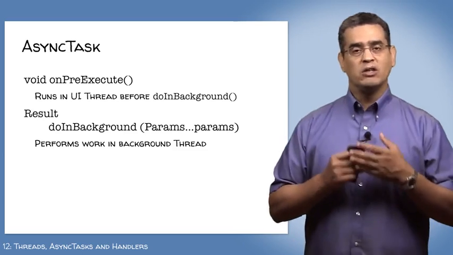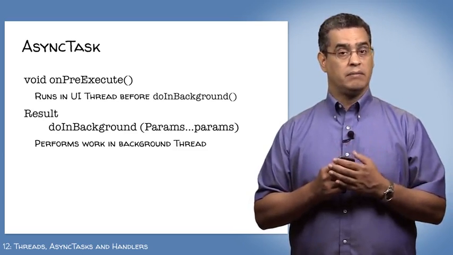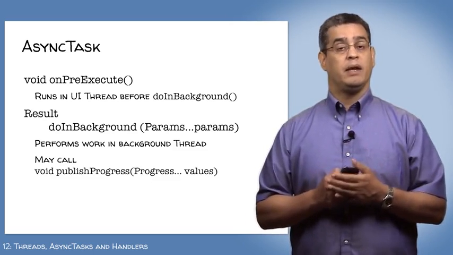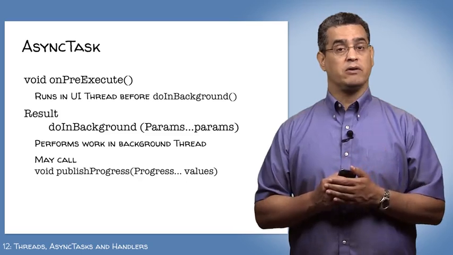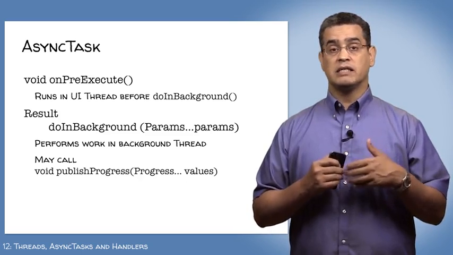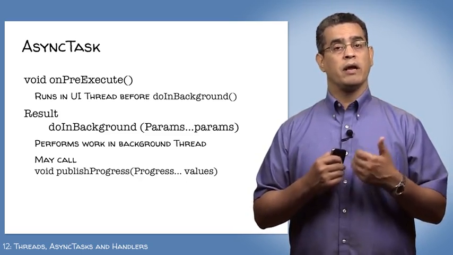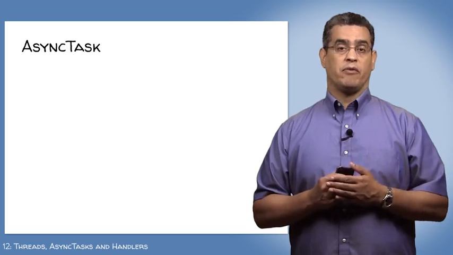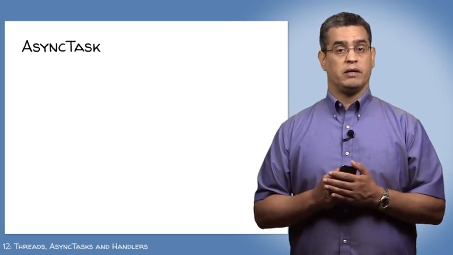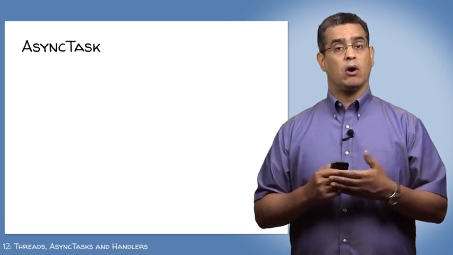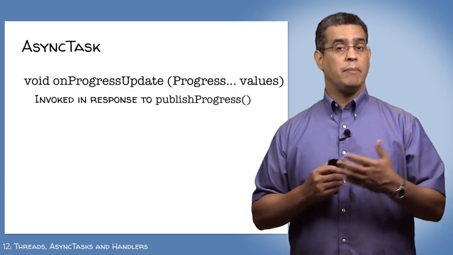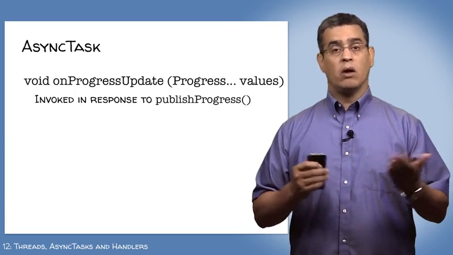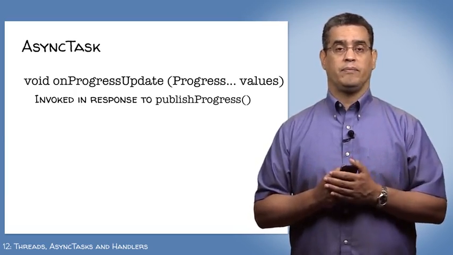Now, while doInBackground is running, it can optionally call the publishProgress method, passing in a variable list of values which presumably provides some indication of the long-running operation's progress. If the background thread makes calls to publishProgress, then some calls to onProgressUpdate would normally be made in the UI thread as long as the background thread is still running.